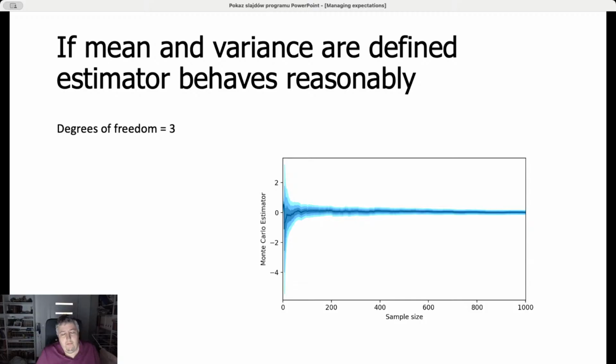So the Student's distribution is useful for situations in which we want to add some heaviness to the tails of the normal distribution but still keep its behavior. The Cauchy distribution, so the case with 1 degree of freedom, which does not have a mean or variance, is also useful but for different applications.